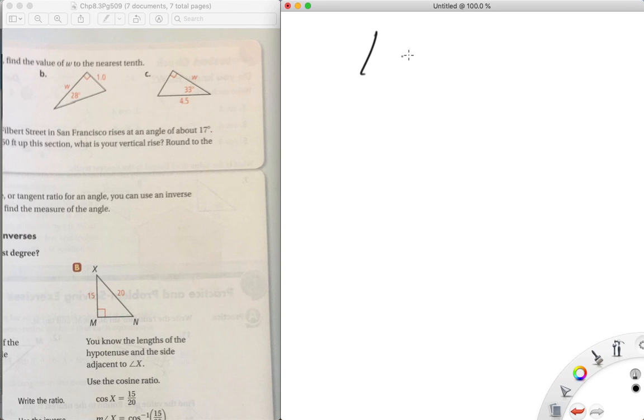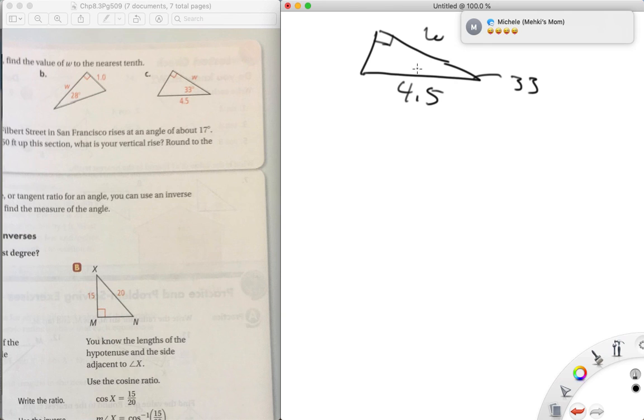Then we have another one. We have a W, we have a 33, and we have 4.5. This 4.5 is the hypotenuse.